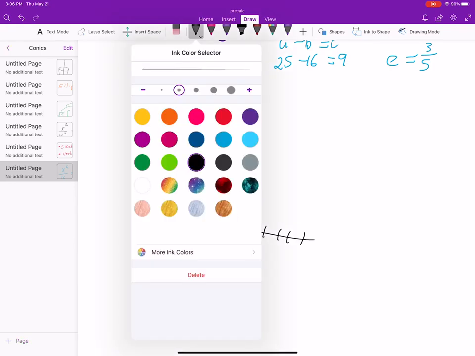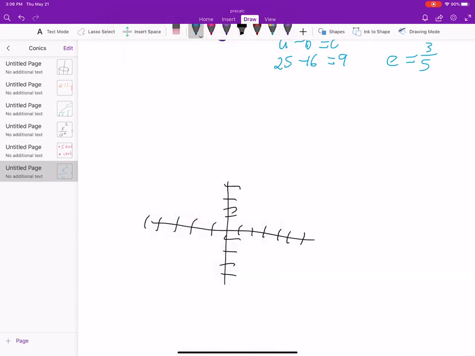Alright, so let's do another ellipse here, and let's offset the center a little bit so that we got a little bit of both going on there. We'll do one like this. I'll set the center.